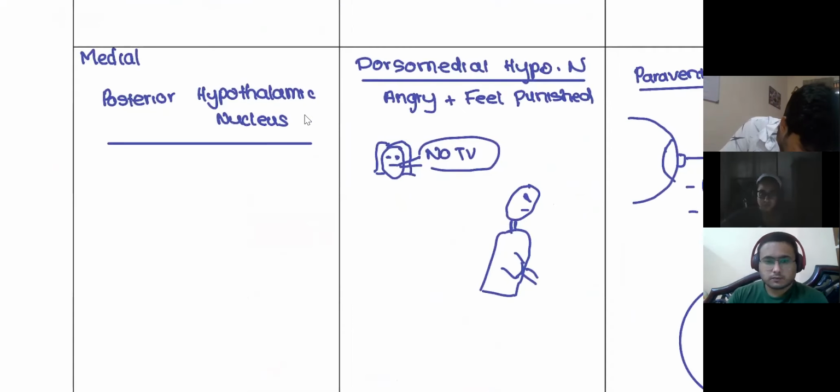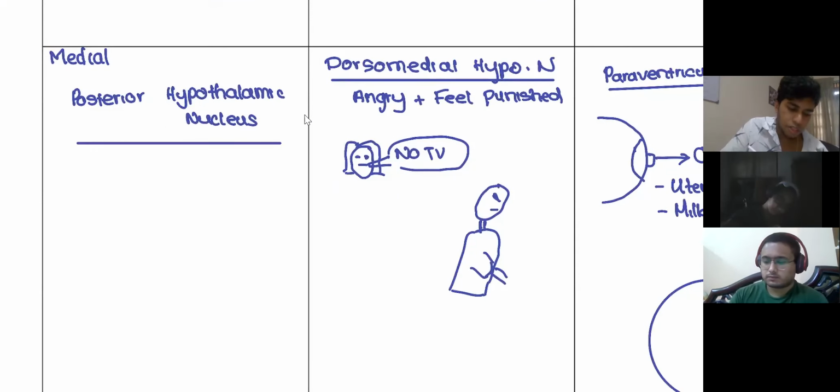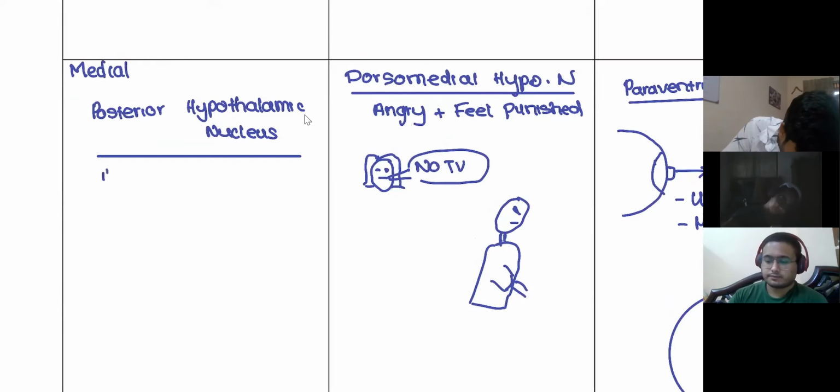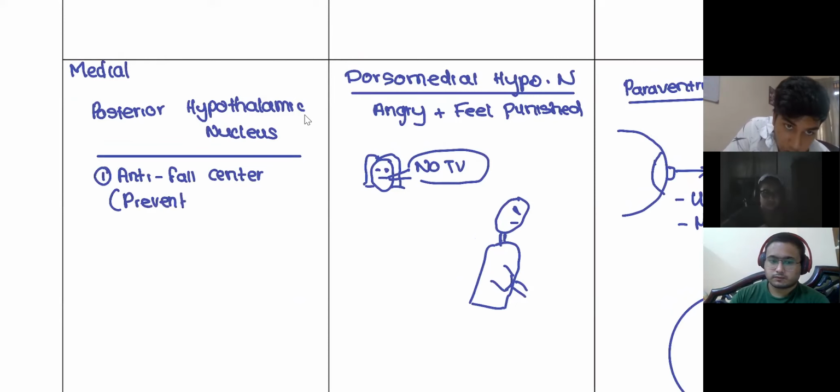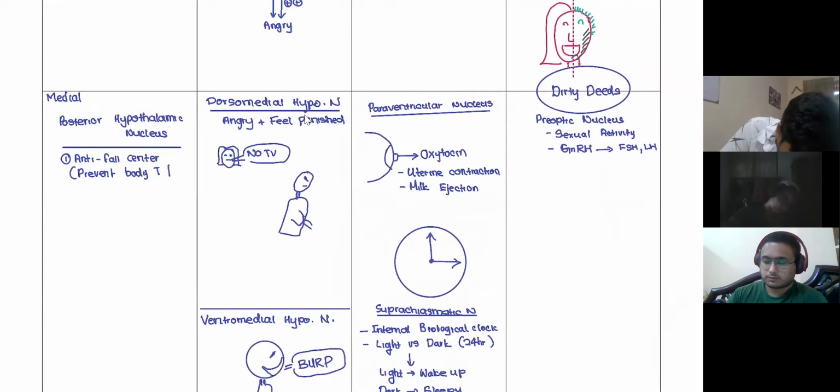Give me a second. Okay, posterior hypothalamic nucleus. It has two functions. The first one is, it's the anti-fall center, that is, it prevents body temperature from going down.